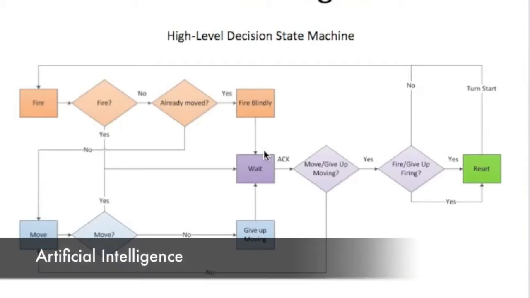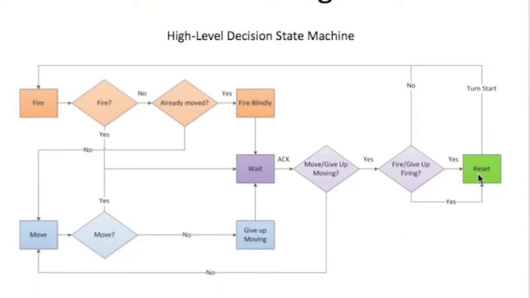In our game, this is a state machine of its high-level decisions. At the beginning, it starts at a reset state, and then it'll first try to fire on something. If it can succeed at that, it'll then try to move, and then if it can move, then it will end its turn.